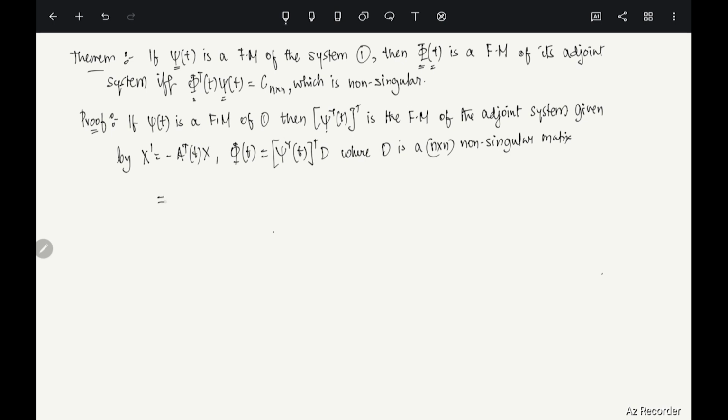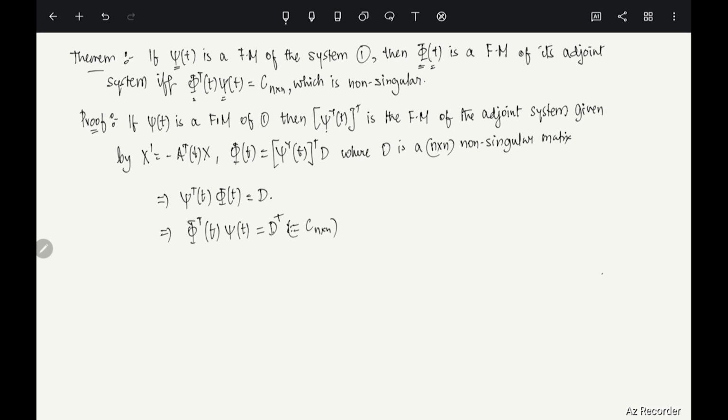Therefore, psi inverse transpose is psi transpose inverse. If I take this to the other side, phi of t times psi transpose of t is nothing but the matrix D. That will imply, if we take the transpose on both sides, that phi transpose of t psi of t is D transpose, which we define as our C, an n cross n matrix.